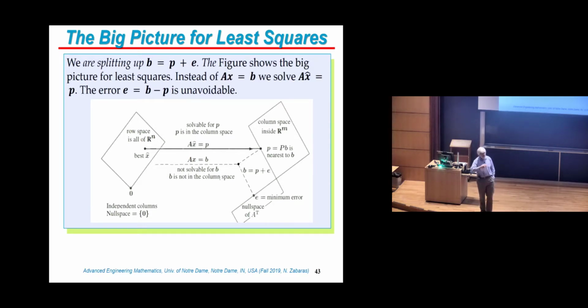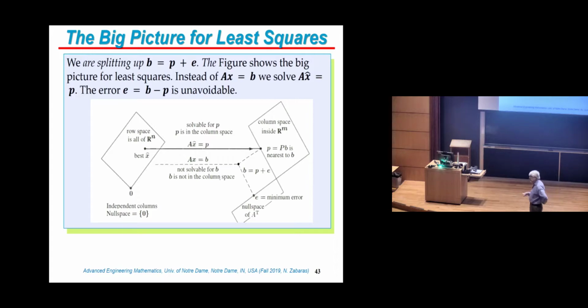Actually, before we even discuss the slide, can one of you remind me what is the whole idea of solving AX equal to B with least squares when it's not in the column space of A? So what is the big picture? What's the big idea? Don't look at that slide.